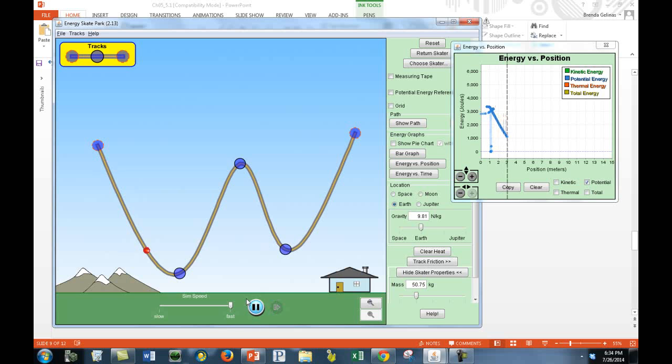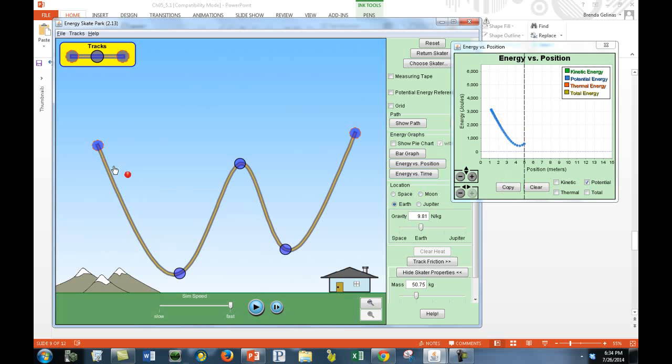Alright, let's do that again. As that ball came down the hill, its potential energy in joules on the x-axis went down. Let's see it again. So as the ball goes down, the potential energy is going down with it.